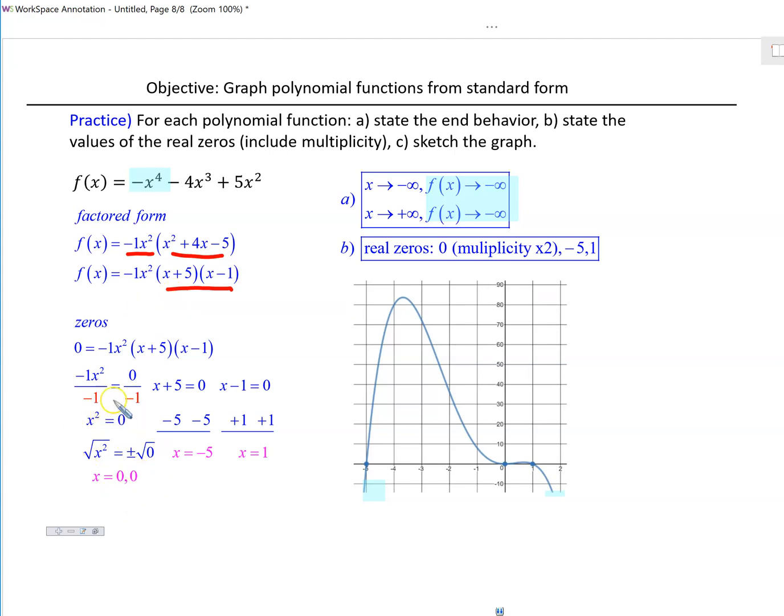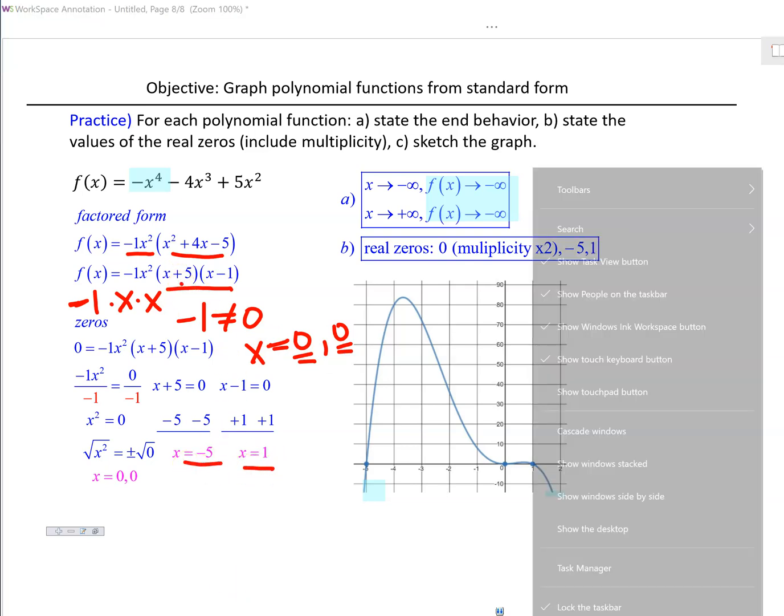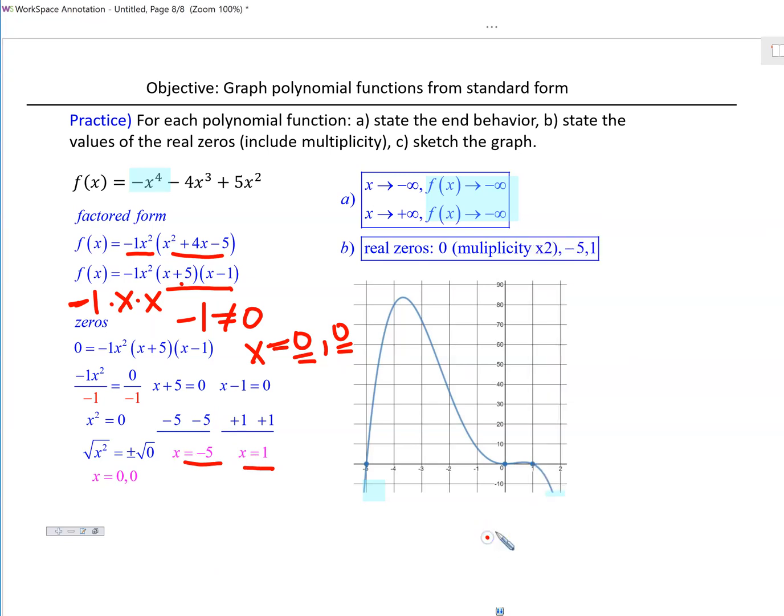The way that we've been doing it is splitting this into x times x and then our -1. So our -1 can't be 0. And if x is equal to 0, then we get another 0 for zeros, and then we get the -5 and the 1 to complete it. So we do have multiplicity here.